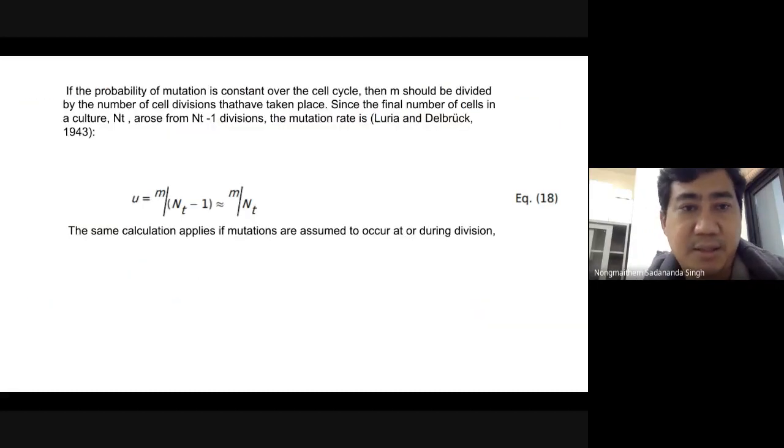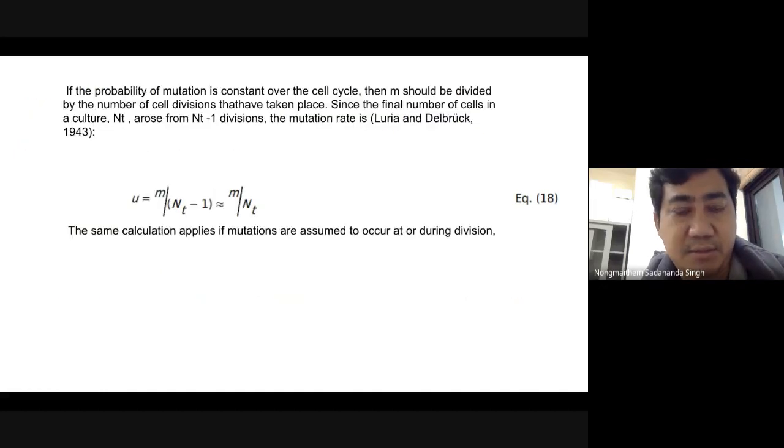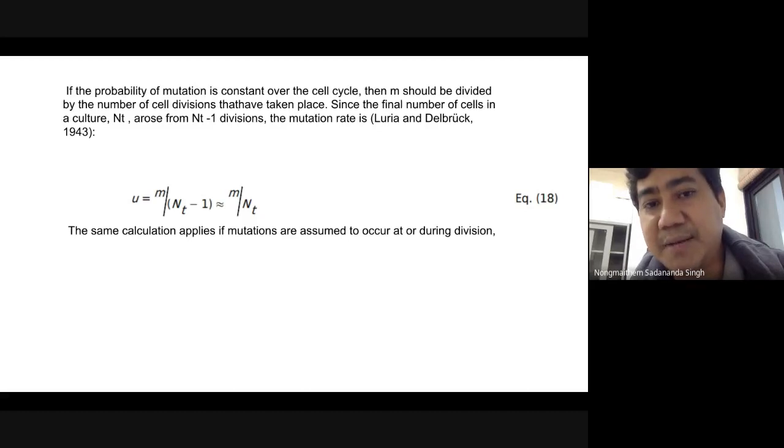Next, for the calculation of mutation frequency, you can use this kind of method. There is a very simplified way of calculating: at any point of time, the mutation frequency multiplied by the total number of cells would give you the mutation number, correct?